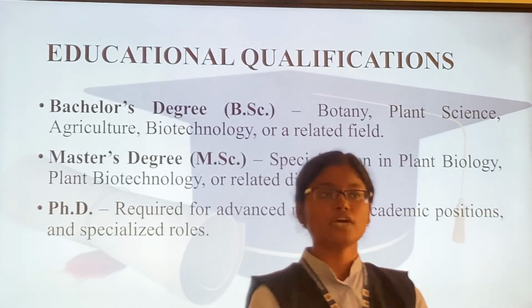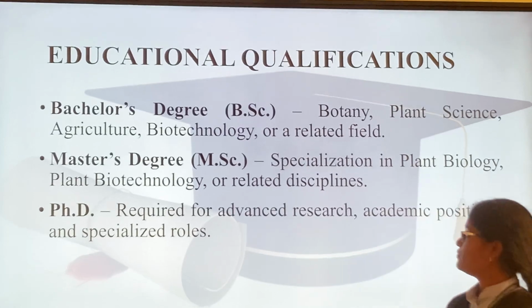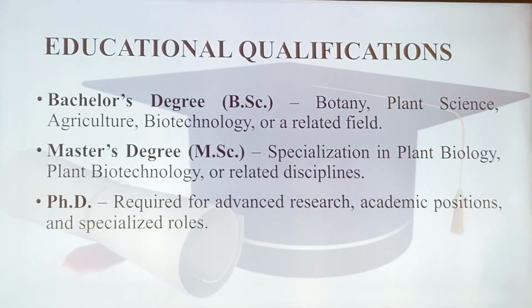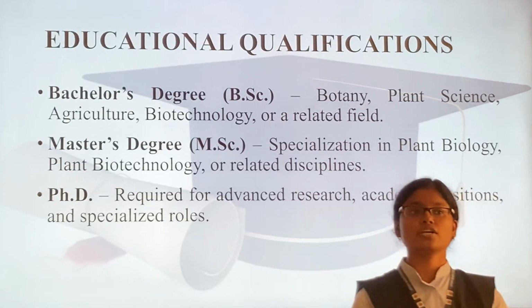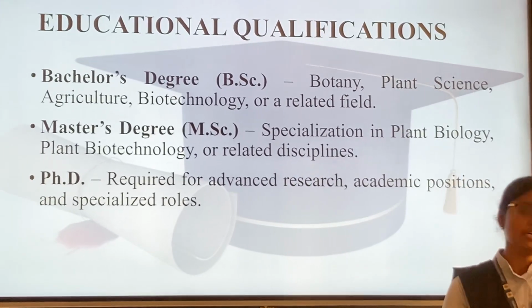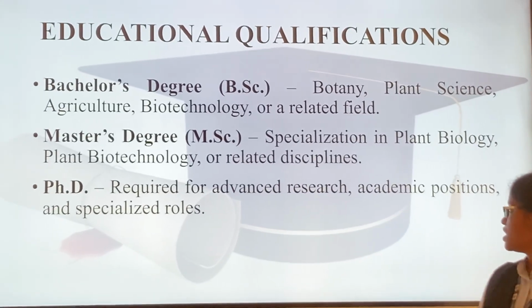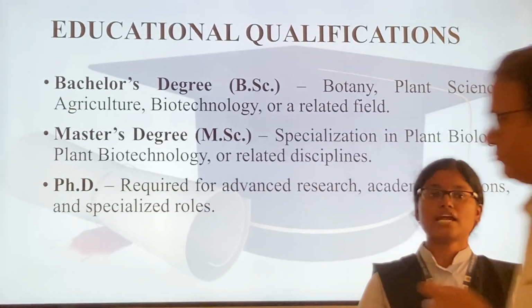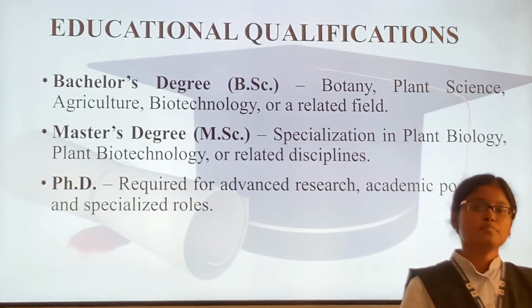Then for BSc, there are different disciplines, like botany, plant science, agriculture, biotechnology, related disciplines you can do for your BSc. Then MSc, you can specialize in plant biology or biotechnology or other related fields like plant microbiology or environmental biology, etc. Then PhD.